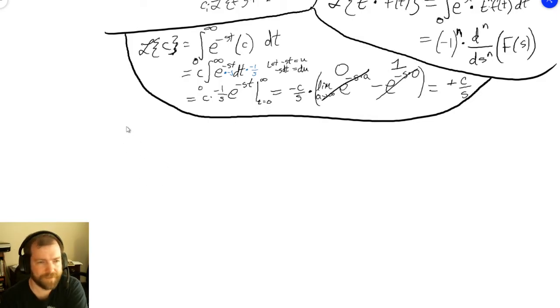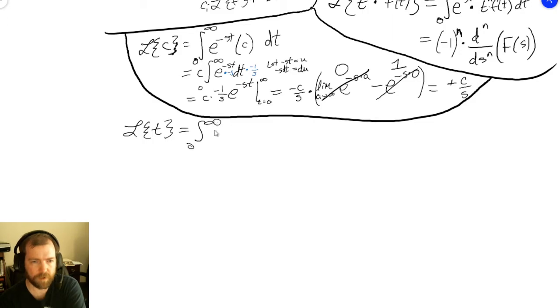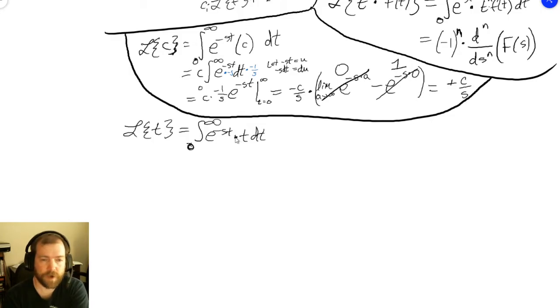So, what about the Laplace transform of t? It's going to be the integral as we go from 0 to infinity of e to the negative st times t dt. Okay, again, integration by parts.